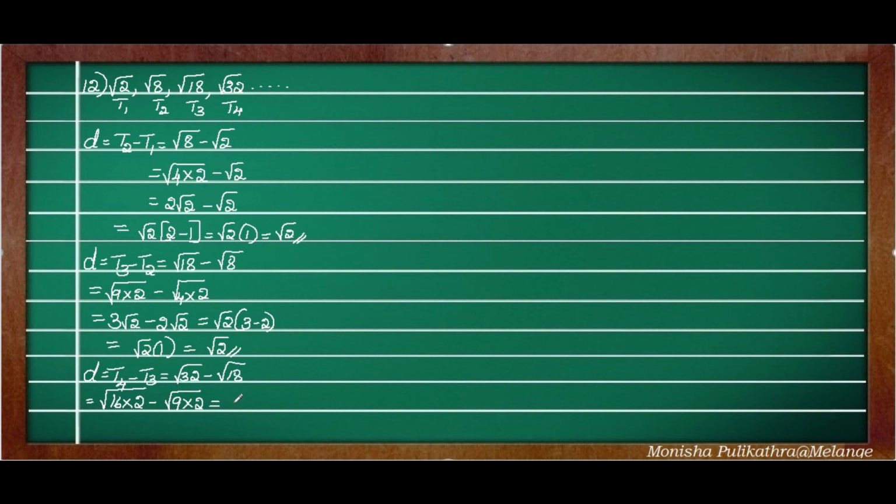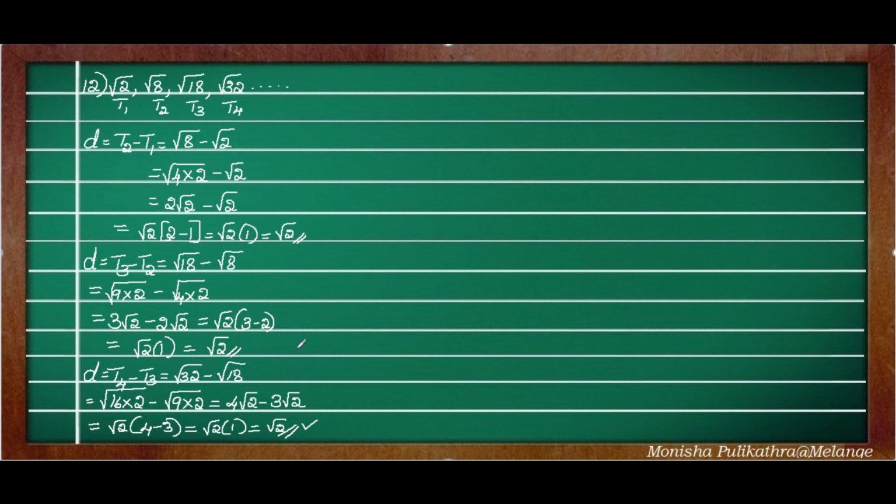The square root of 16 is 4. So when we take 16 outside the square root, it will become 4. So 4 root 2 minus 9 becomes 3 root 2. Okay. So when we take root 2 common, it will become 4 minus 3. So 4 minus 3 is 1. So root 2 into 1 will become root 2 itself.